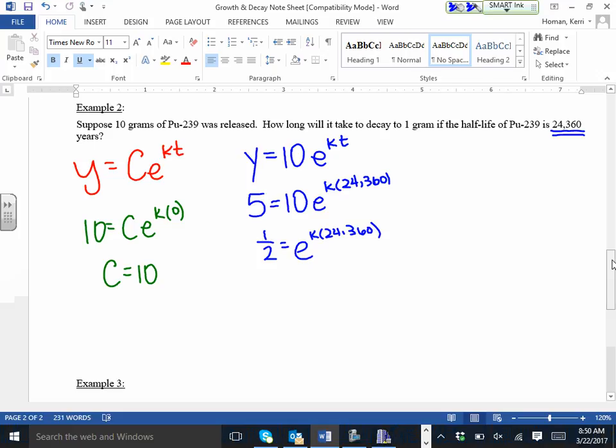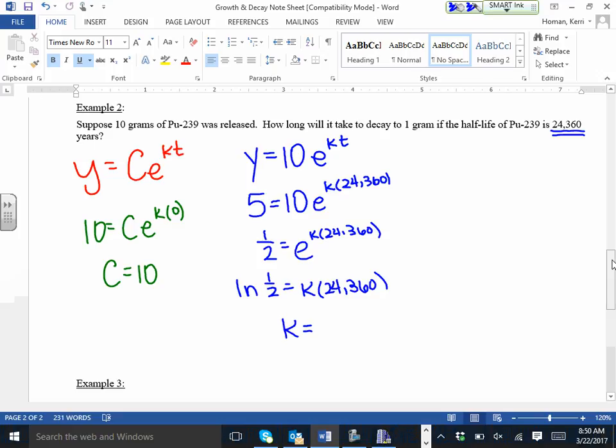All right, so then to solve this, we have the natural log of 1/2 equals K times 24,360. Supposed to be negative? What do we get?